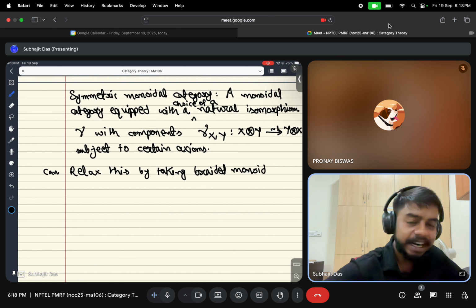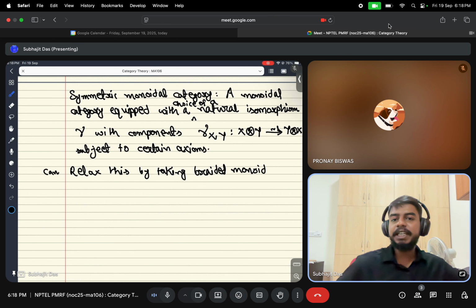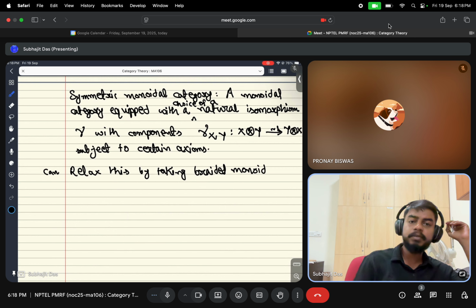So what is a braiding, by the way, on a monoidal category? It is again a choice of a natural isomorphism gamma with components as written here, except that for symmetry you need one extra condition, which is that gamma should be, roughly speaking, self-invertible. So gamma xy is an isomorphism, it has an inverse, and its inverse should be gamma yx.